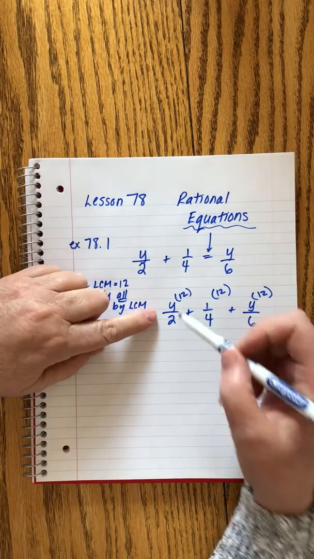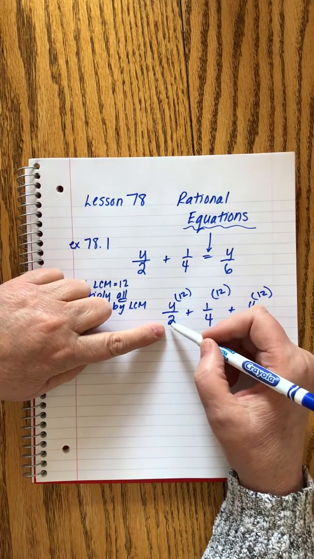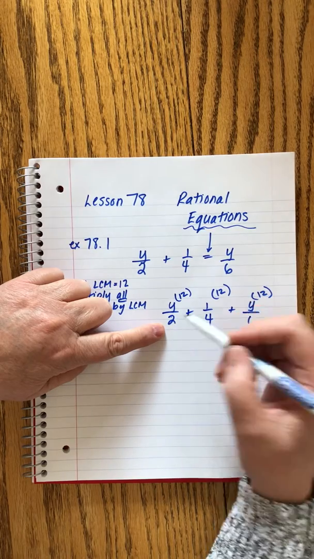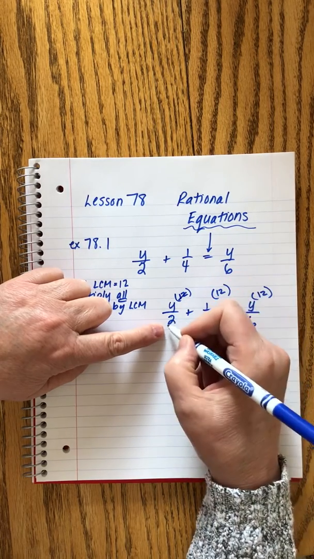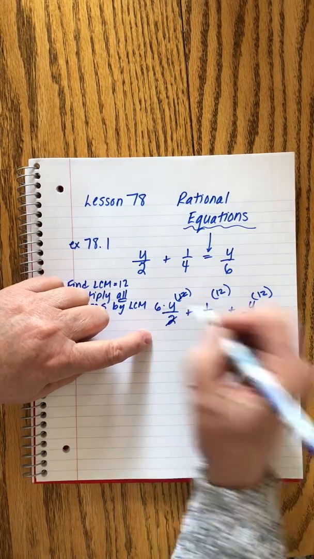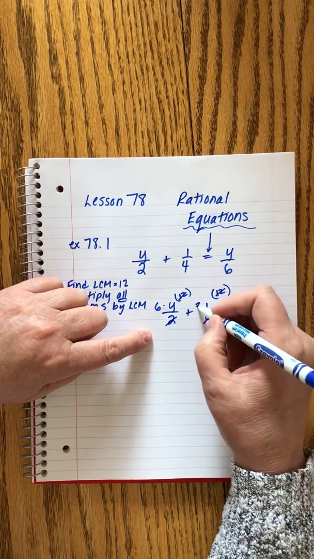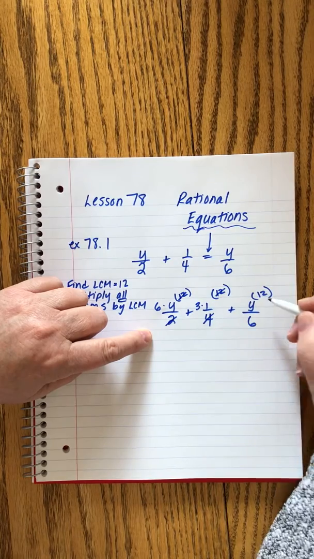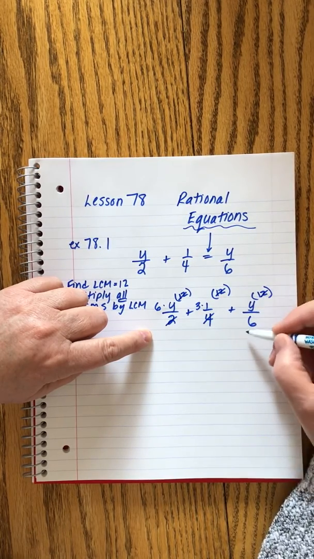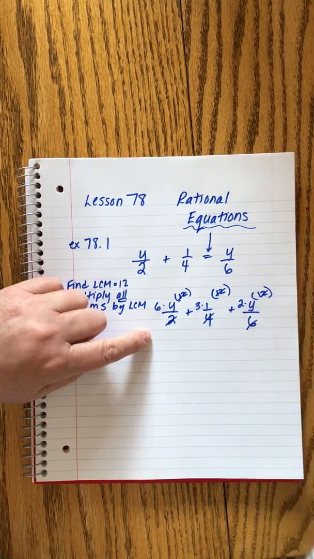Now what happens when we do that is the 12 and the 2 will cancel against each other. So I write 6 times y. 12 and 4 cancel to 3, so 3 times 1. And then 12 and 6 cancel to 2, so 2 times y.